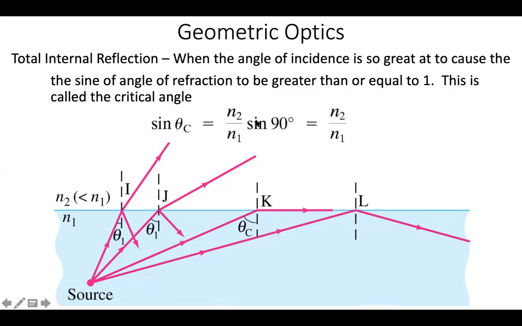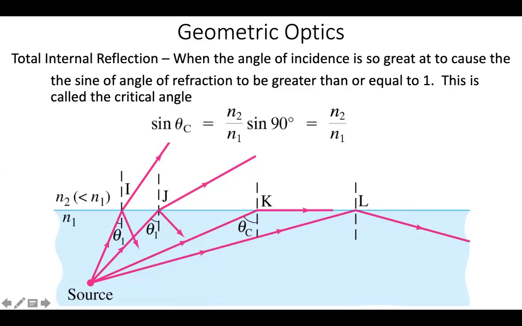Well, if sine theta 2 is 90 degrees, the sine of 90 degrees is 1. So then when this ratio of N2 over N1 is equal to or greater than the sine of the angle of incidence, you get internal reflection.